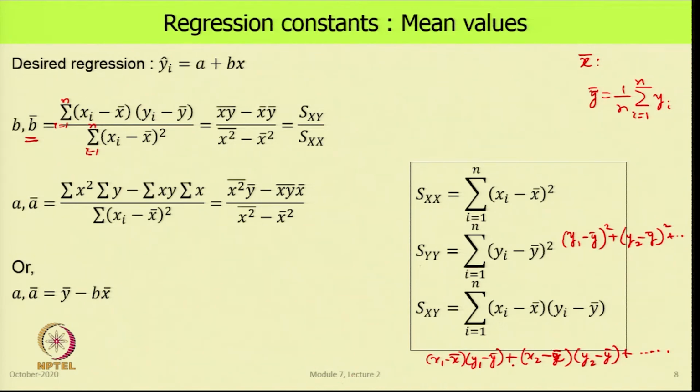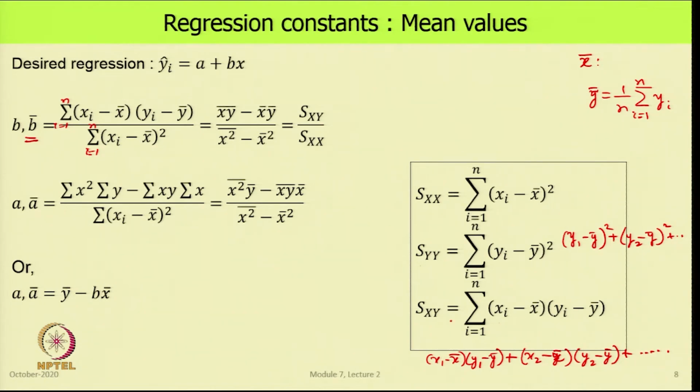We do not need to do all this detailed calculation if we are working on a problem, because these things are there in most spreadsheets, statistical packages, even in calculators. You input all the data points, press one key, and the answer comes out. But we should know what it is that they are doing.